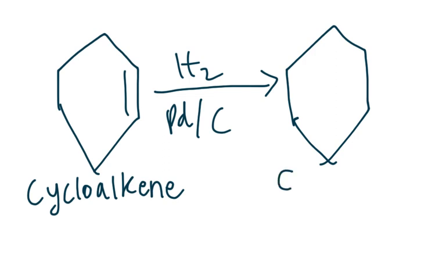So now we're left with the cycloalkane. Specifically, this is a cyclohexene, and you convert that to a cyclohexane. This is catalytic hydrogenation, because you need a catalyst, palladium on carbon.